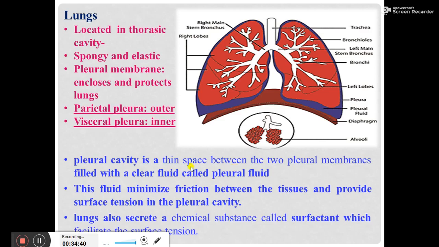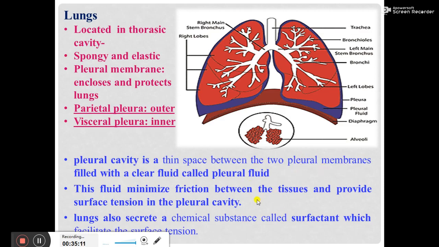The pleural cavity is a thin space, and the pleural fluid is a clear fluid which helps protect the lungs from any mechanical injuries. This fluid minimizes friction between the tissues and provides surface tension in the pleural cavity. The lungs also secrete a chemical substance called surfactant, which facilitates the surface tension.